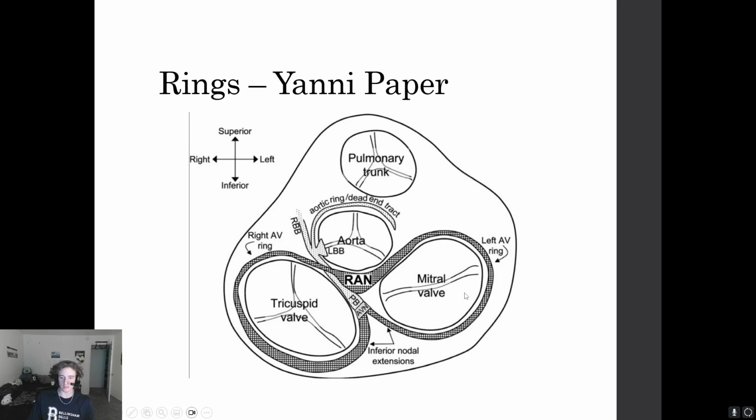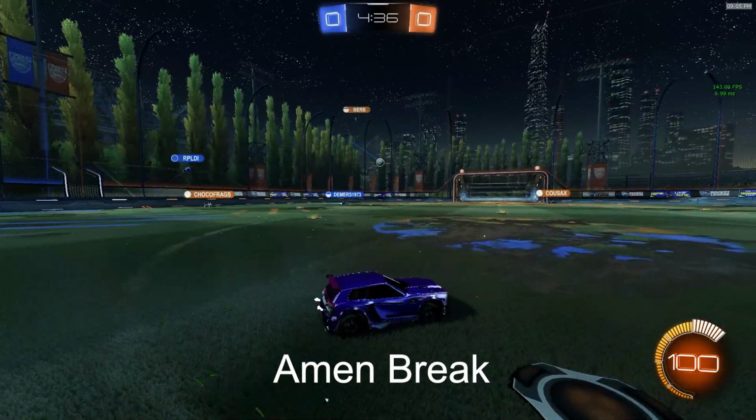We know that these ones could form a substrate for the slow pathway, but we don't exactly know the significance of the joining and the retroaortic node. So we know that the rings can form a substrate for the slow pathway. We don't know why or what happens where they come together into the retroaortic node.